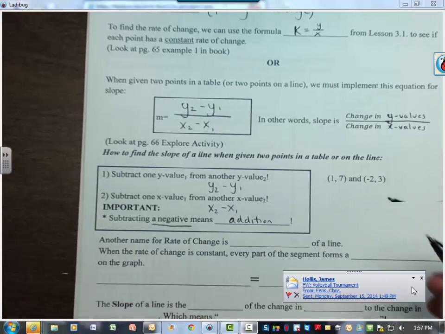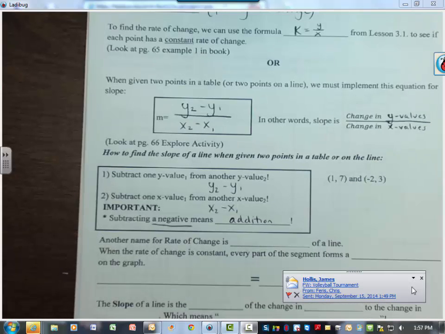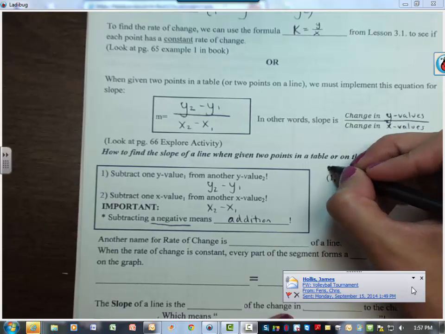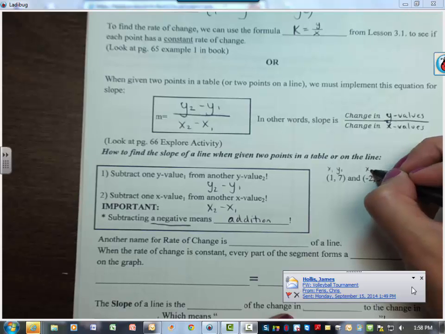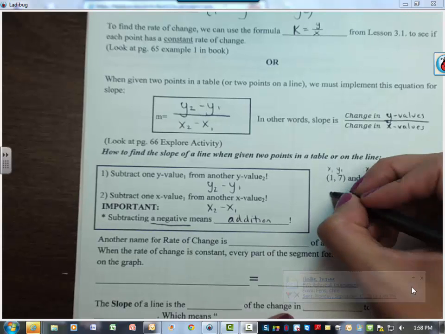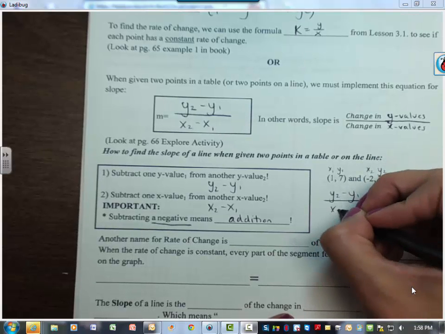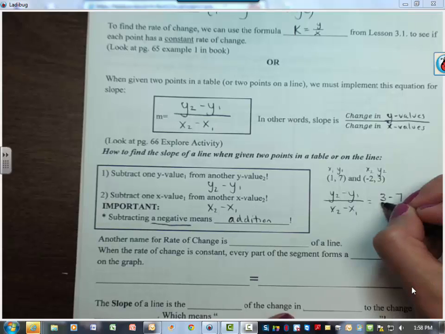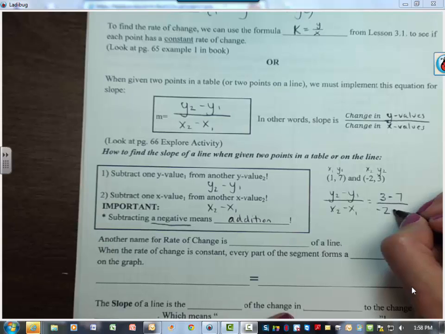So if I'm looking at this example right here, I'm first going to identify my x1, y1, x2, y2. In this first point, here's my first x and my first y. And here's my second x and my second y. When I plug this into my formula, I'm going to rewrite my formula just so it gets stuck in my brain. y2 is 3 minus y1, which is 7, all over x2 is negative 2, minus x1 is 1.